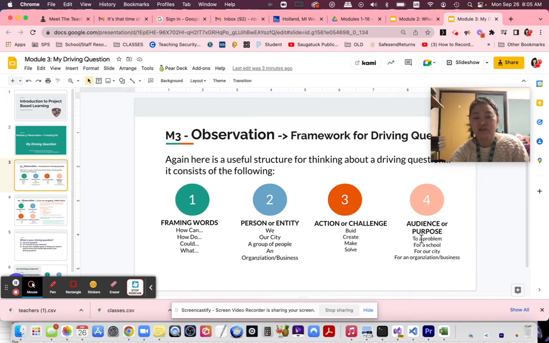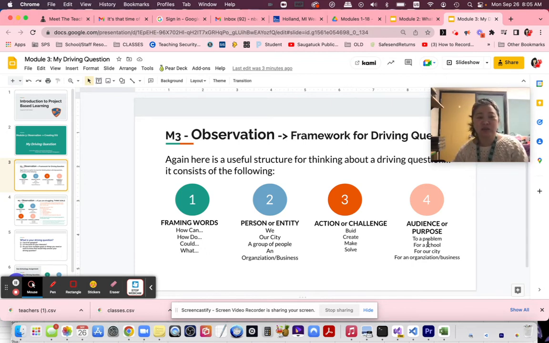And then finally, the fourth one is what kind of audience we are going to gear our project or problem towards. Is it going to solve some type of problem for young people or for our community? Think largely. Yes, you can make your project geared towards yourself or your family, but then how could you expand it to be bigger than that? Could it be applied to a community? Could it be applied to a classroom?